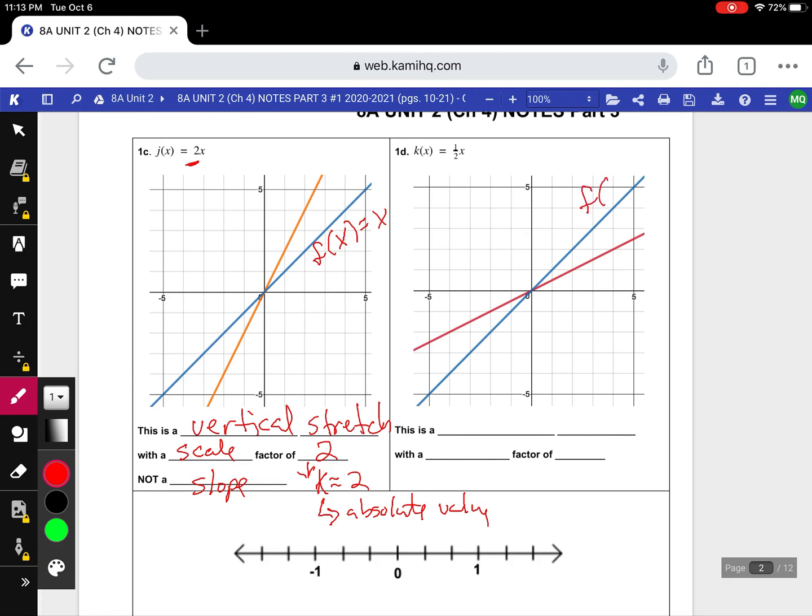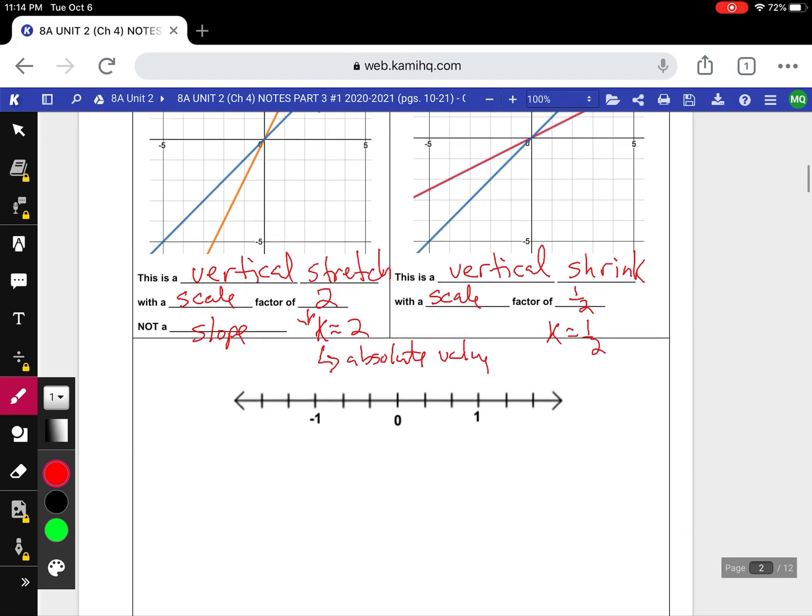And then if we look over at 1D, my blue is my f of x, my parent. And here we have a vertical shrink, not a stretch this time. That's because your value is between negative 1 and 1. It's a fraction, with a scale factor or a k value of 1/2.